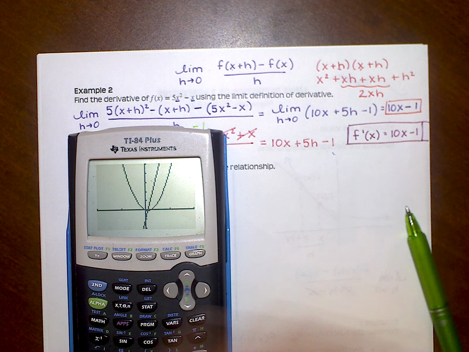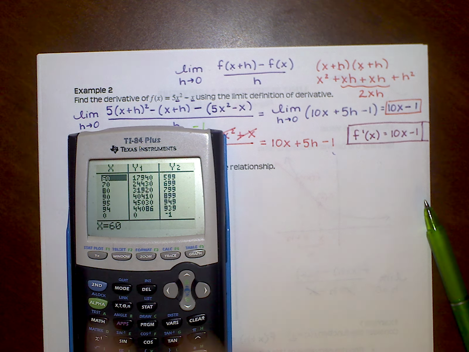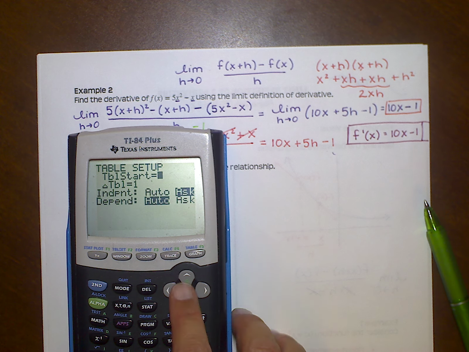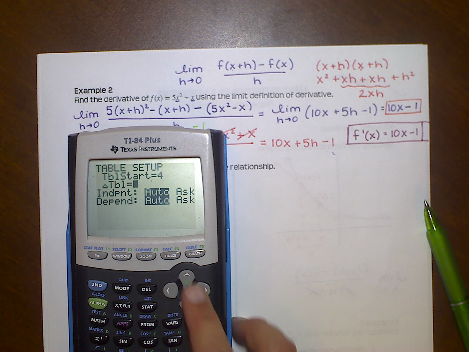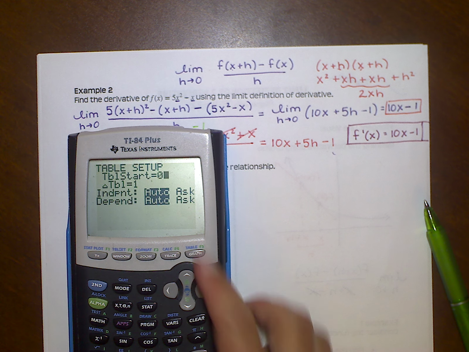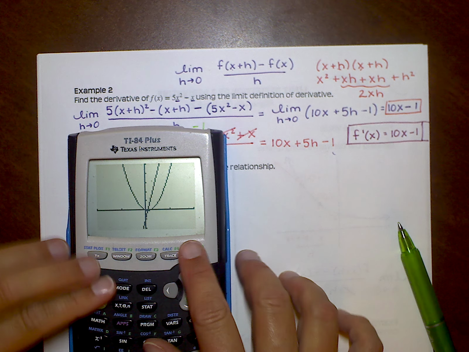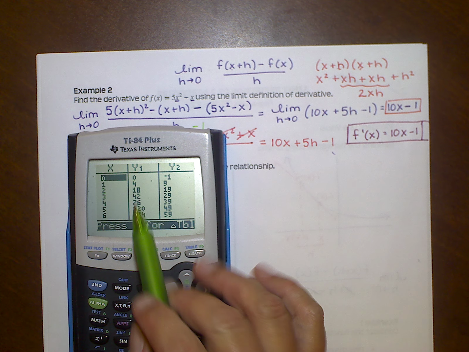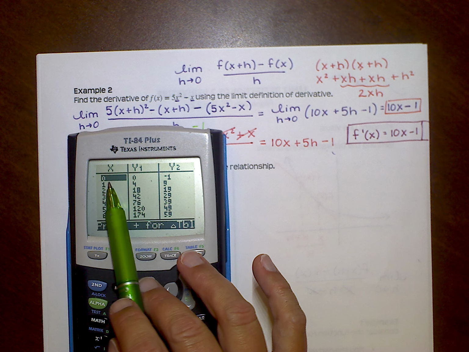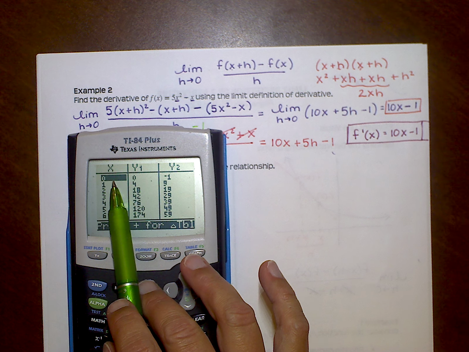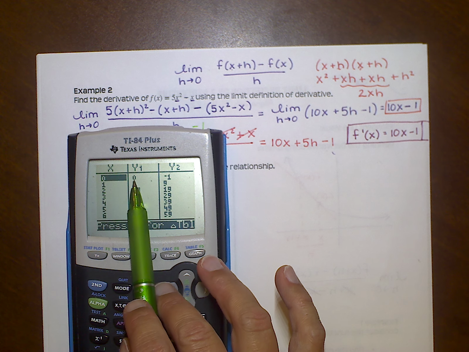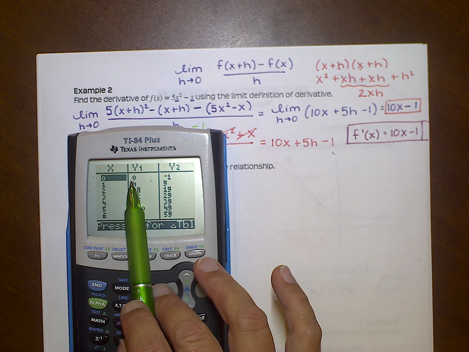Okay? And so if I look here in my table, just for example, oh, this is a bad example. Let's see. Make my table start at 0. What this is telling me is that if I look at x equals 0 on the graph, this is telling me what the function value is. Honestly, most of the time we don't care about that.